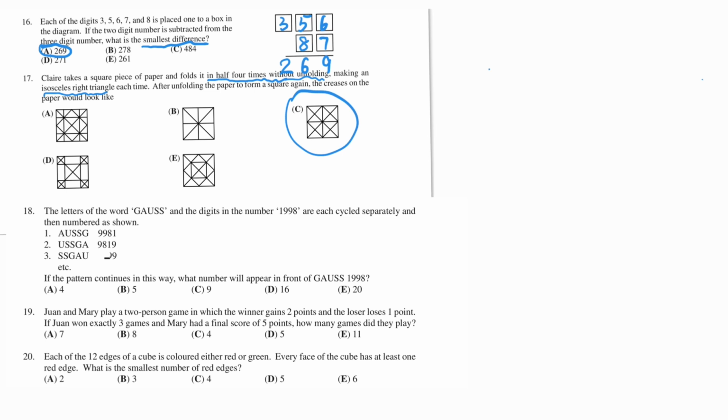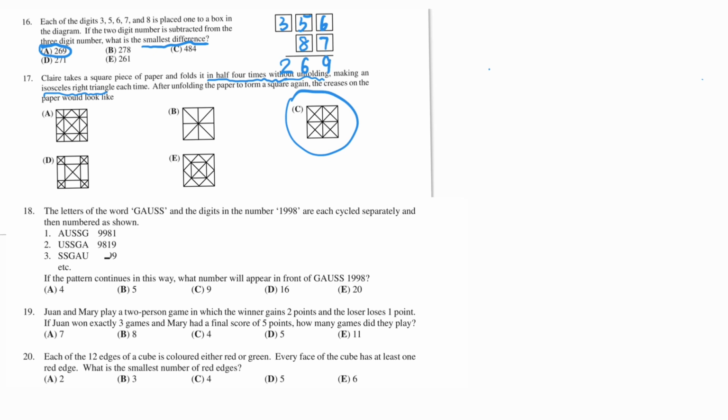So we have Gauss 1998, and we cycle each separately. That gives us AUSSG and 9981.